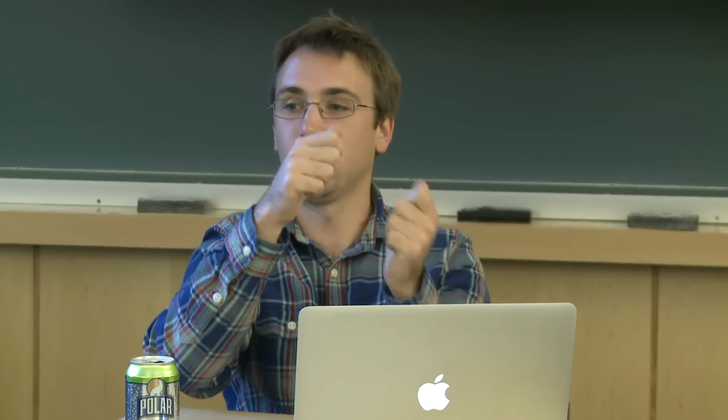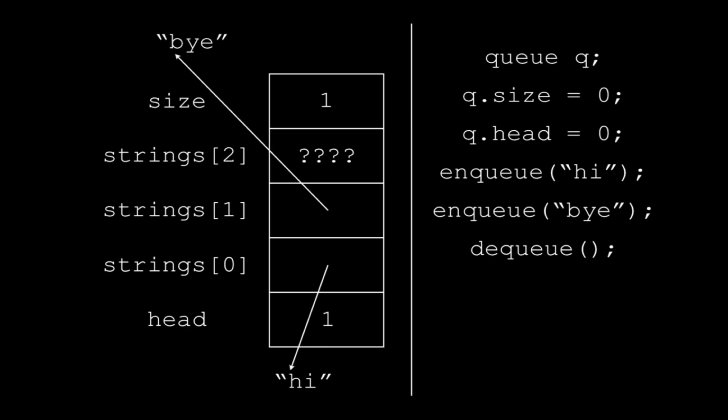So not quite at size. Not plus 1, but size plus head, because we shifted effectively everything by the head amount. So here, now we've got a queue of size 1 that begins at index 1, so the tail is effectively index 2.